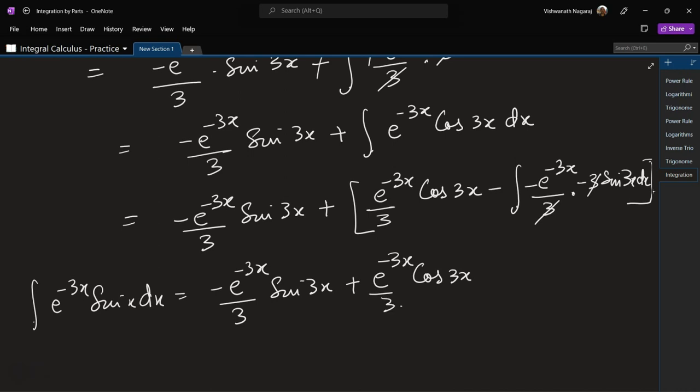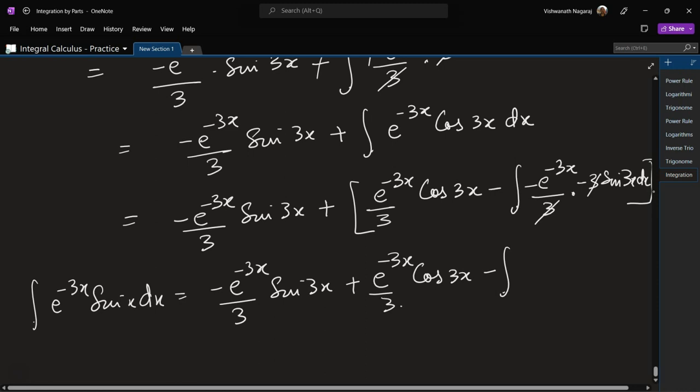Then minus times minus plus integral of e to the power of minus 3x. Again we will end up with minus here because there are 3 negatives. So let's take out this minus: integral of minus into minus plus, so e to the power of minus 3x times sine 3x dx.